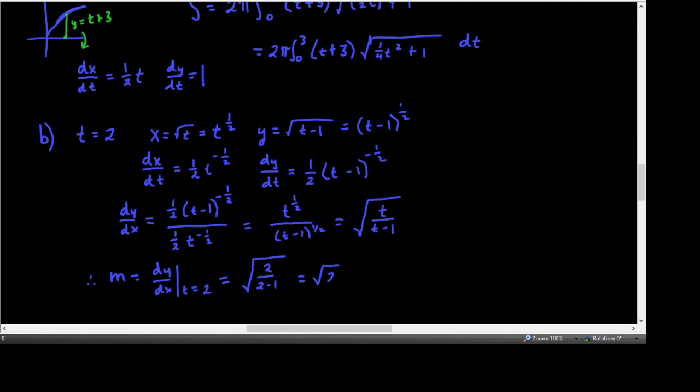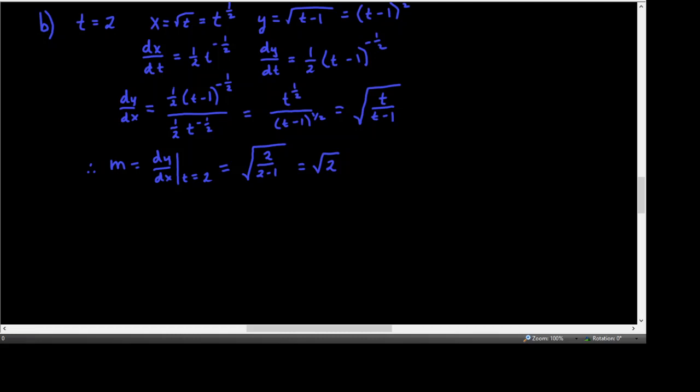So the slope is square root of 2. And of course, what we could imply from that is that because that slope is positive, the graph of that parametrically defined function is increasing at time t equals 2, something we could infer from what we've done. Okay, then the other part of the problem is for concavity of this curve, which concavity comes from the second derivative.